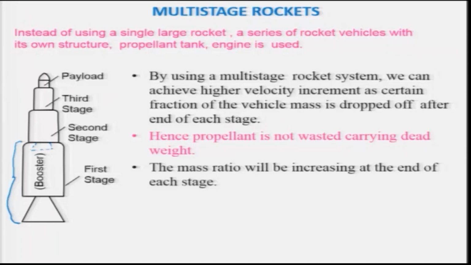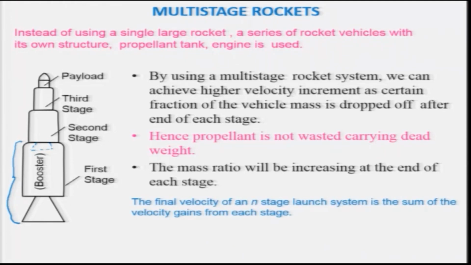So, you will be gaining the velocity of the vehicle, because we know that delta V is equal to V ln mr, of course without considering the drag and the gravitational effect. Therefore, we will be gaining velocity by increasing the mass ratio. The final velocity of the nth stage of a space vehicle is the sum of the velocity gains from each stage.